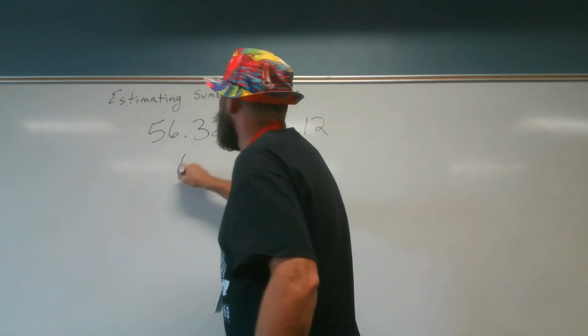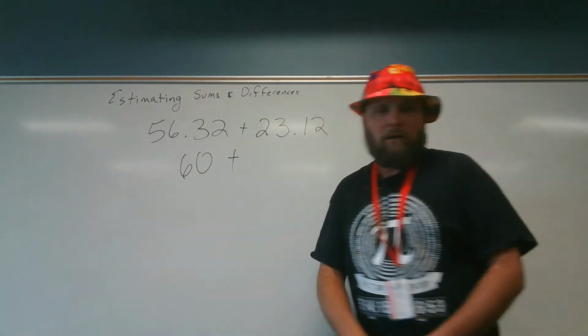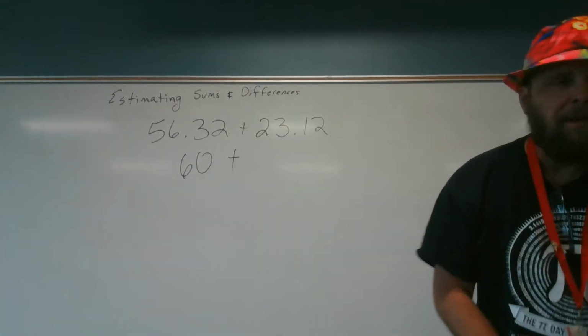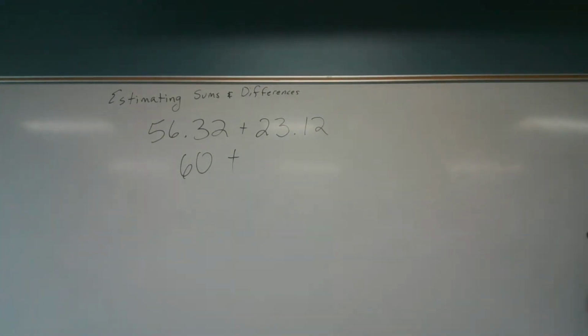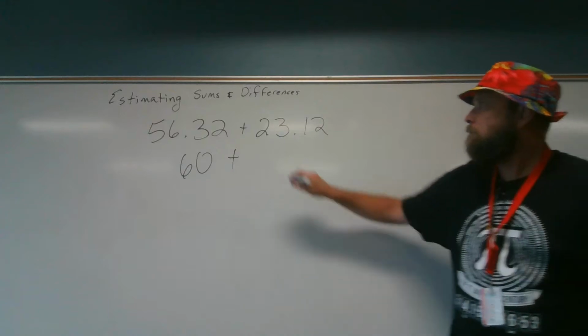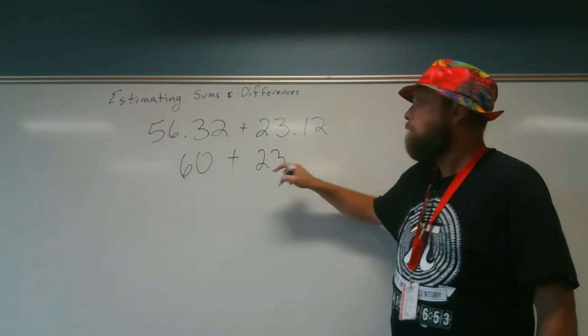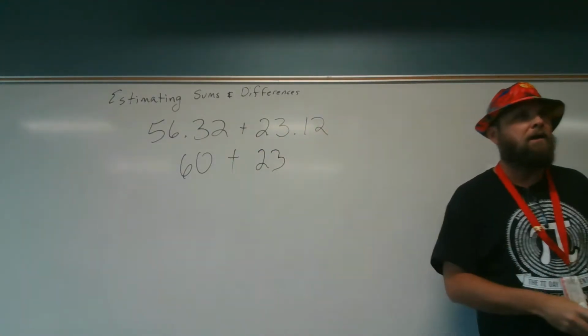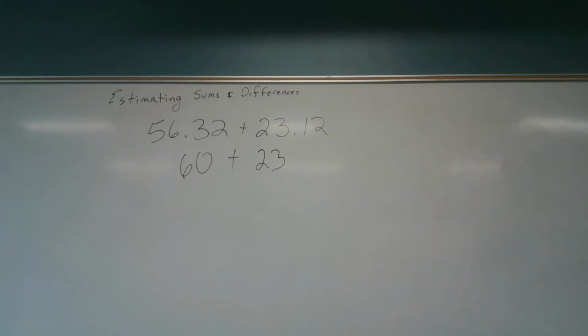Okay, 60. Sebastian, 23 and 12 hundredths. What do we want to change that to so I can do this in my head? 23. Okay, I can do 23, because I can do 60 plus 23 in my head.